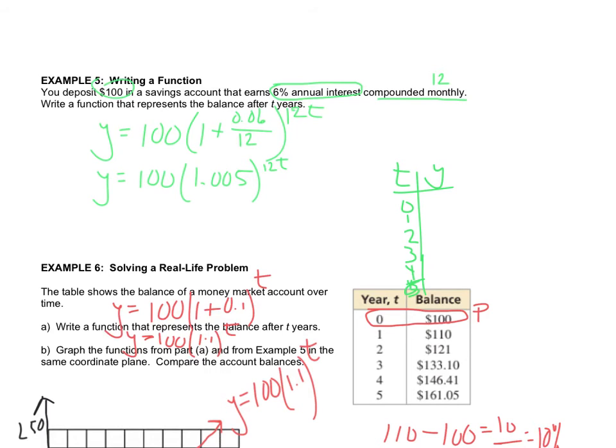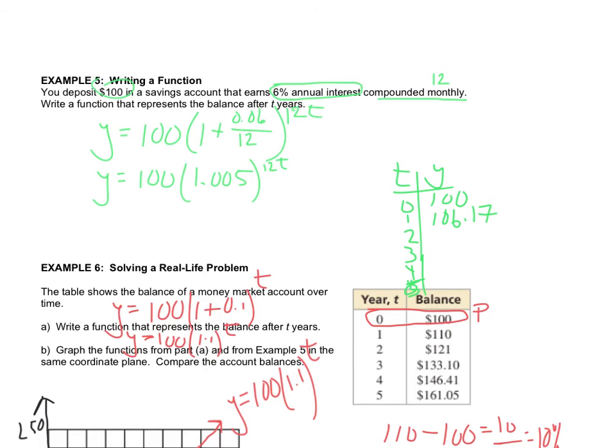So at 0, the t, which is the 12 times 0 is 0, which makes that 100 times 1 is 100. When I plug in the 1, 12 times 1 is 12, so I'm going to raise that 1.005 to the 12th and then multiply by 100. So I get 106.17.